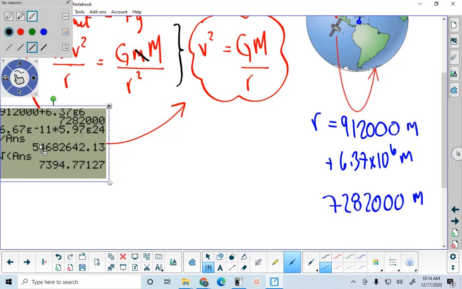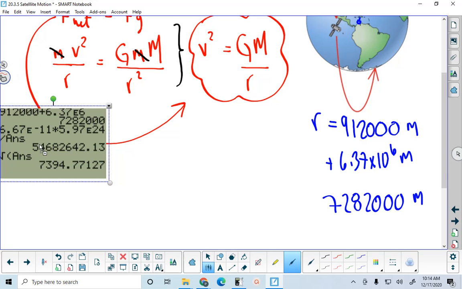Now what we're going to do to find the orbital period is we're going to use speed equals 2 pi r over t. And again, I'm kind of being a little deceptive about this. I didn't announce it, but we've really gone away from putting numbers in and then rearranging to rearranging first.